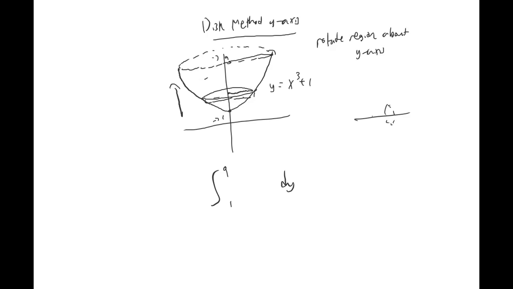Good, but since we're doing dy, let's just solve for it. What is this? Yeah, 1/3. So it's pi times this thing squared, so it's pi (y minus 1) to the 2/3 dy.